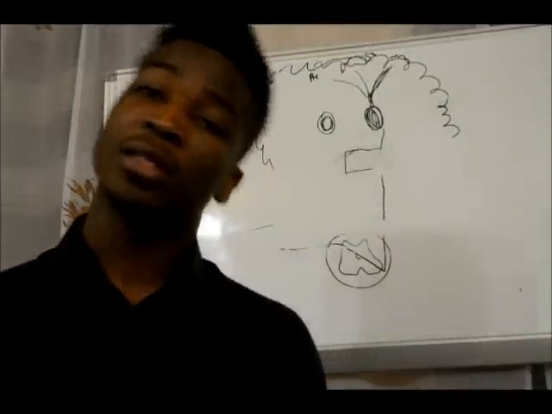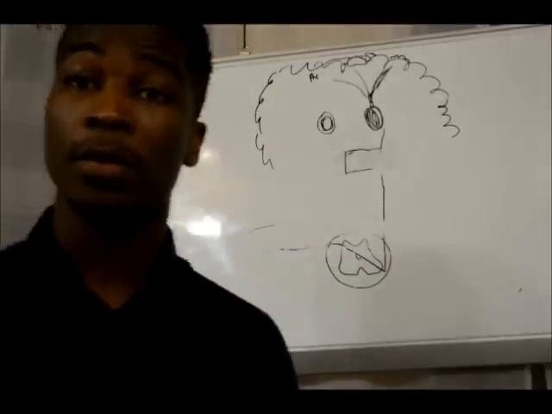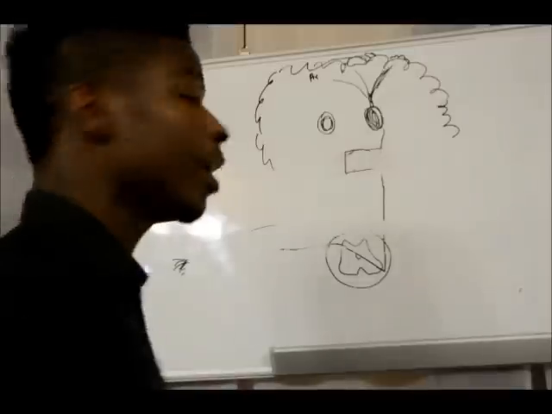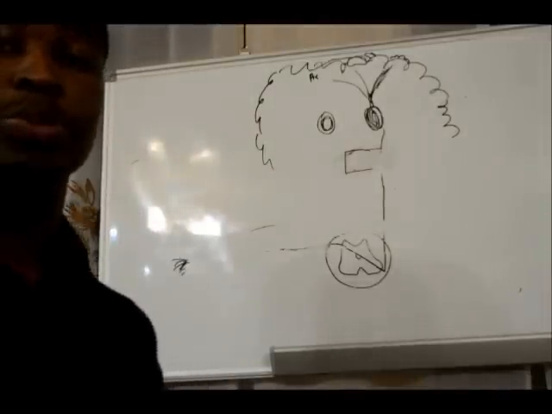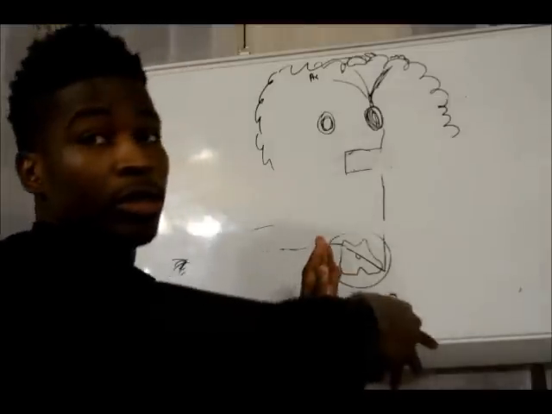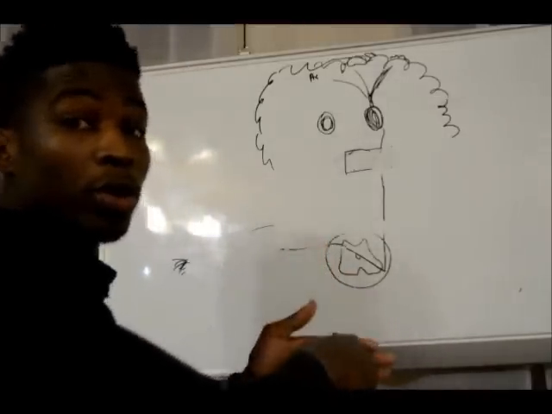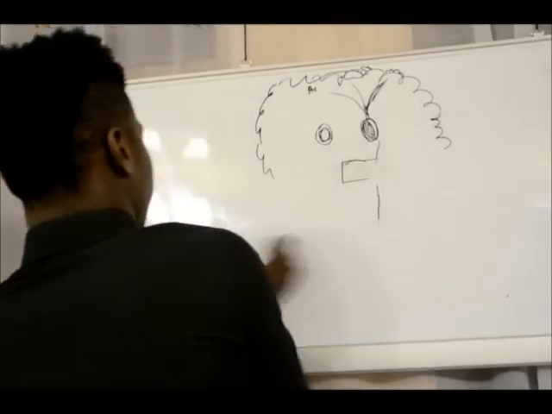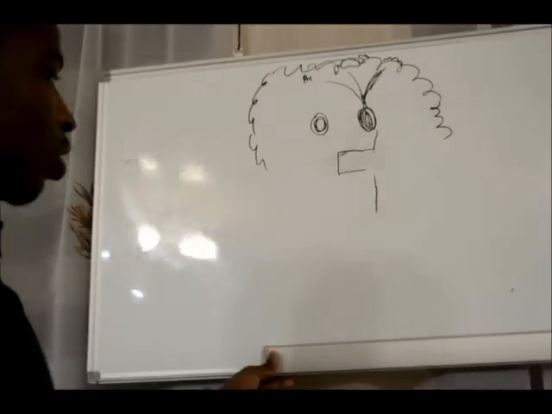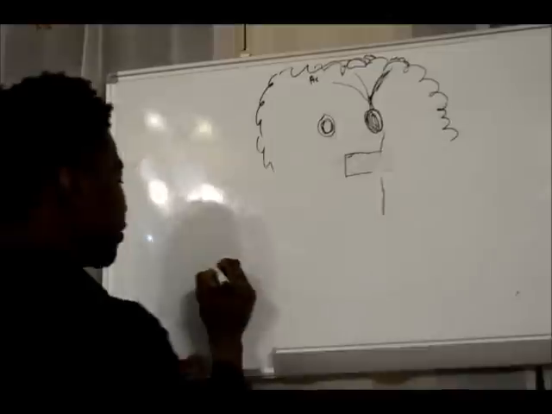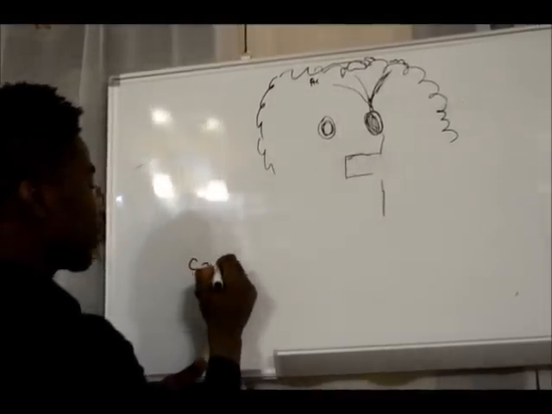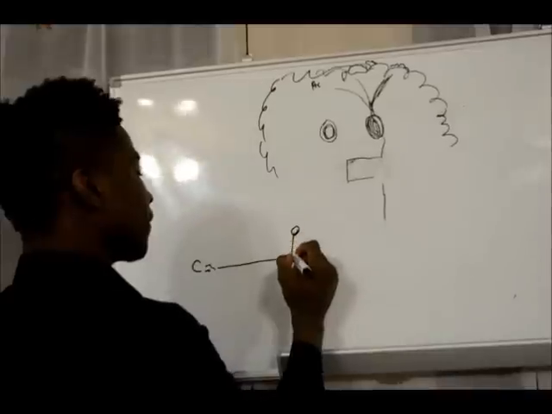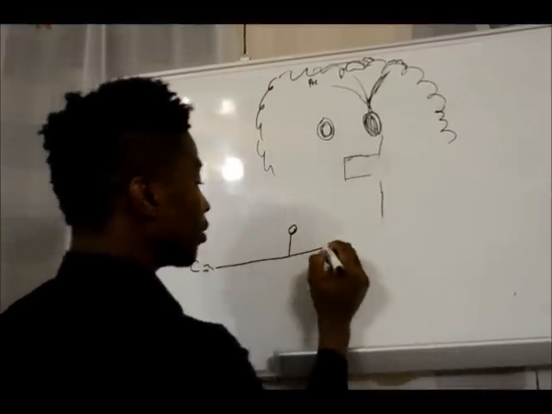Actually, the C fibers take a similar route, but something happens when it gets to the dorsal horn. When it gets to the dorsal horn of the gray matter of the spinal cord, let's see what happens. So to get a clearer view of what really happens in the spinal cord, I'll try to make a zoom of the spinal cord. So from the nociceptors, the C fibers, from peripheral receptors, the cell bodies in the dorsal root ganglion.